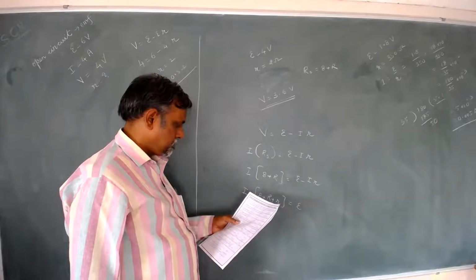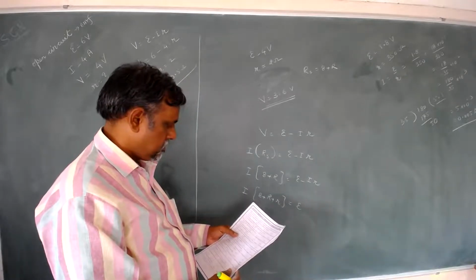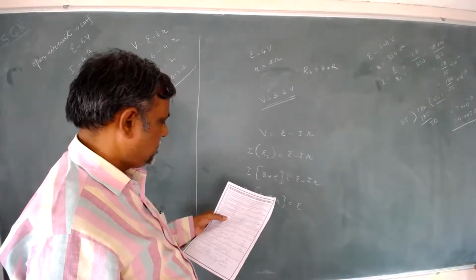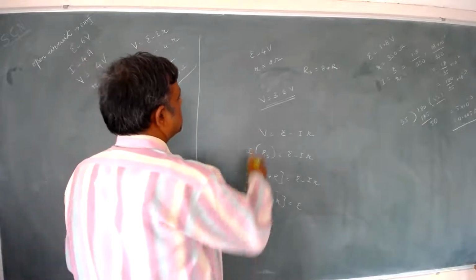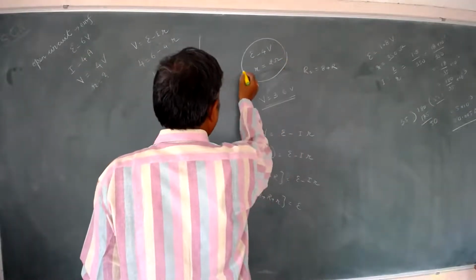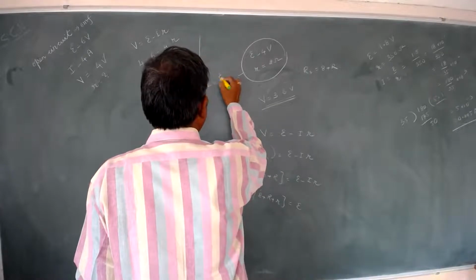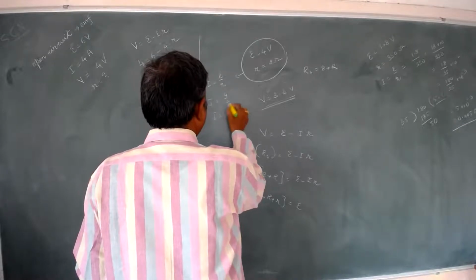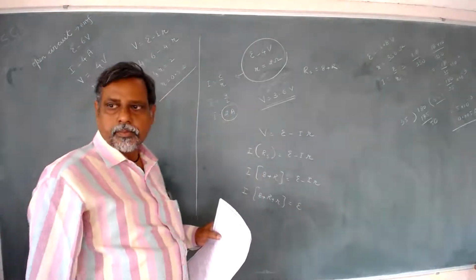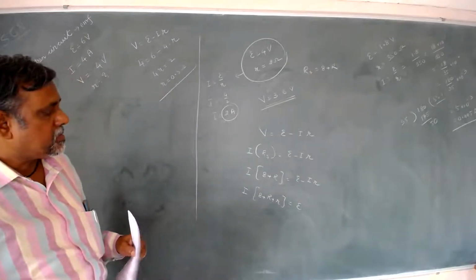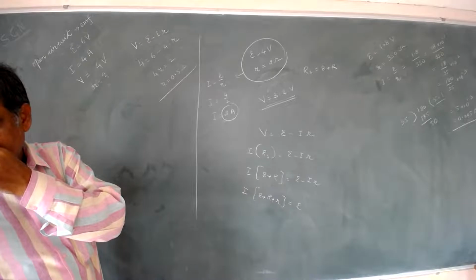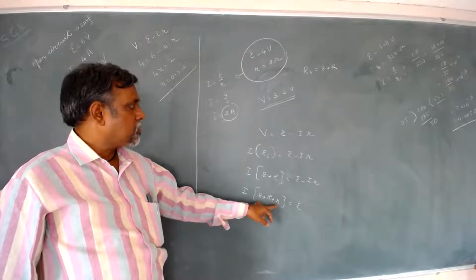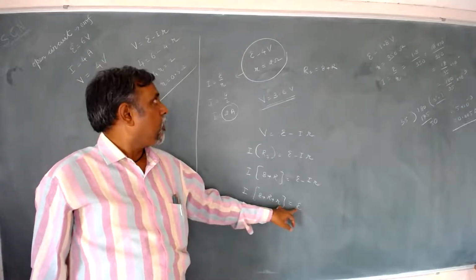Understood? And first of all, what is the current? From these two things, you find out the current. So this is 4 by 2, so I is equal to 2 amperes of current is possible. Understood? So 2 into 8 plus R plus 2 is equal to 4.